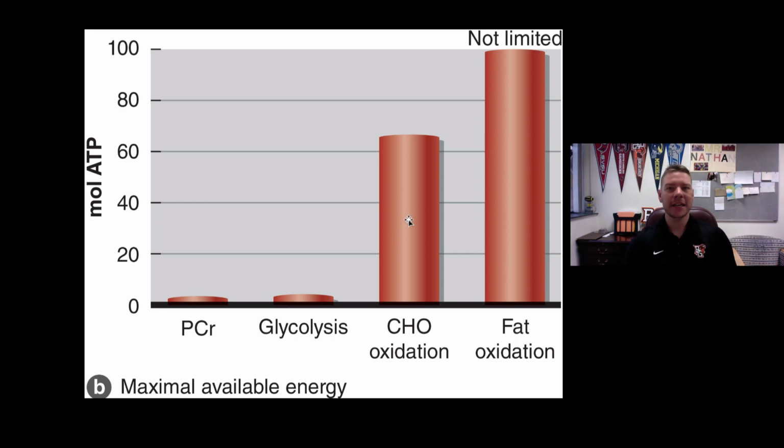Last time we met, I asked you to do an accounting of all of the ATP we get from one glucose molecule, and I hope you were able to see that the amount of ATP we get from aerobic glycolysis is about 10 times higher than from anaerobic glycolysis. But again, it has to go through a lot more steps, which takes more time, which means we have to be working at a lower intensity in order to utilize that. And we haven't gotten into fat oxidation yet. That's going to come next time.